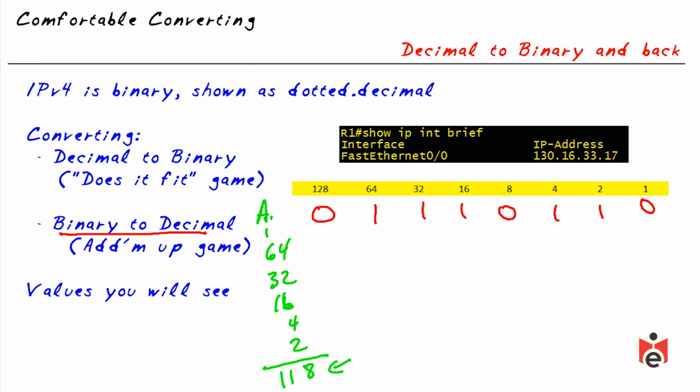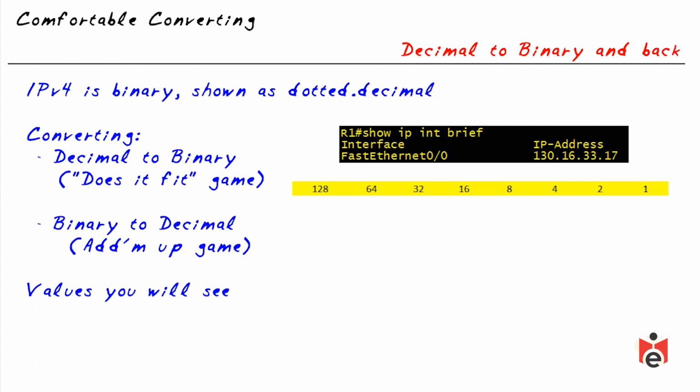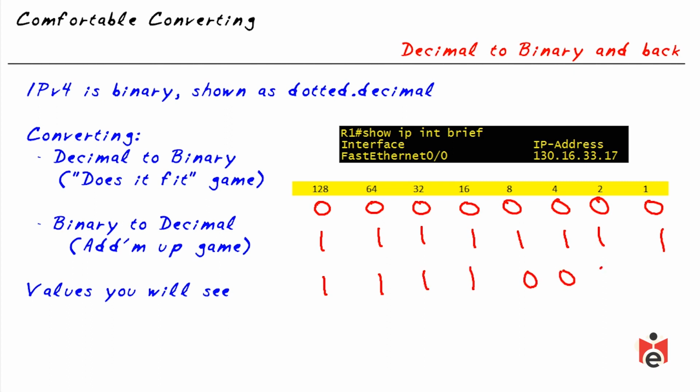Now let me give you a couple more that I'd like you to practice with as well. Let's take this one right here, 00000000. I want you to do that one if you would, as well as this one, 11111111, and one more. Let's have you go ahead and do 11110000.